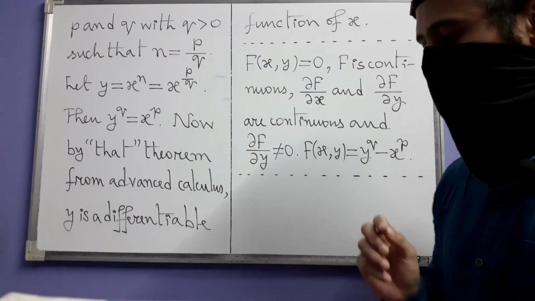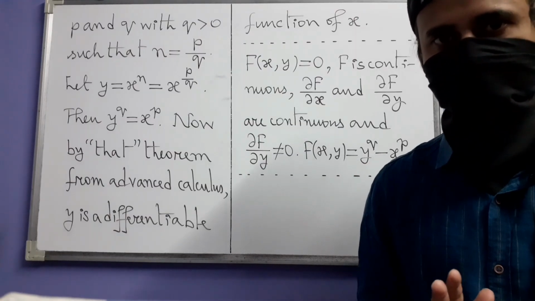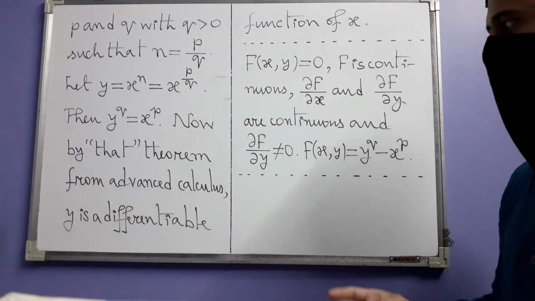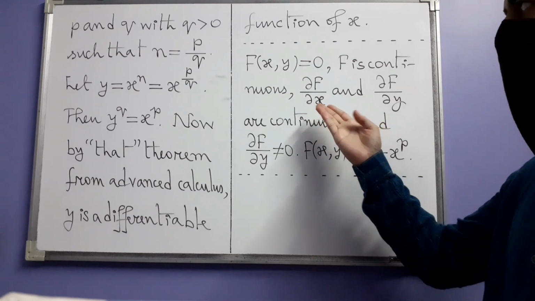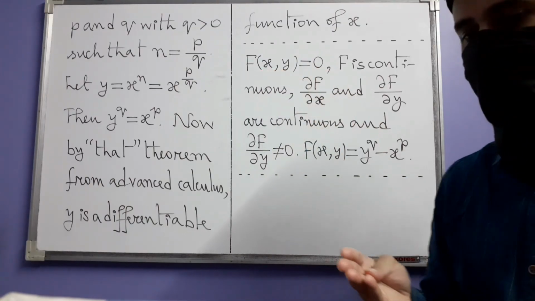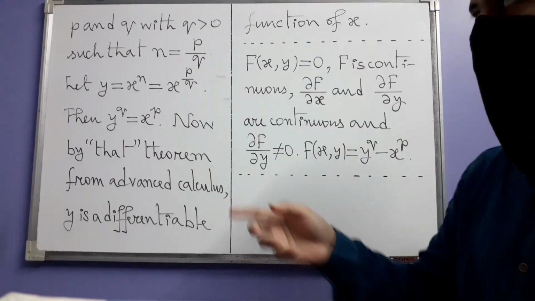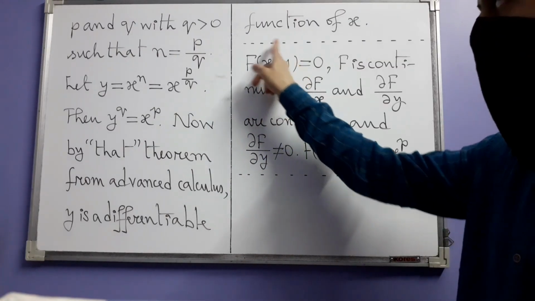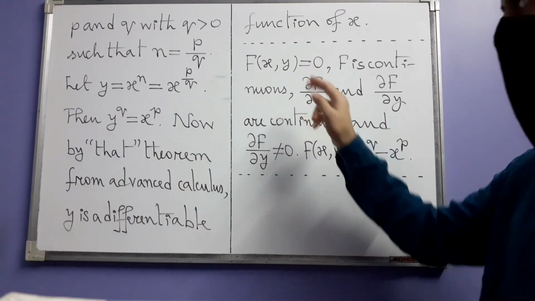But that raised the question of whether y really is a differentiable function of x. And to answer that, a theorem was mentioned from advanced calculus, which is this, that if your equation involving x and y takes this form, which is the most general form, f of x comma y, which is some expression involving x and y, that is equal to 0.